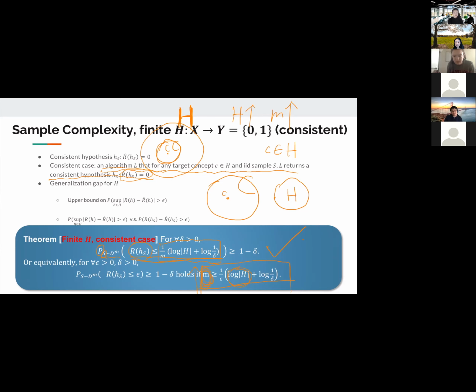The number of examples you need in your sample would be larger for you to not overfit. Okay, that makes sense. So C just has to be contained in H for all this to work. Yeah, true.